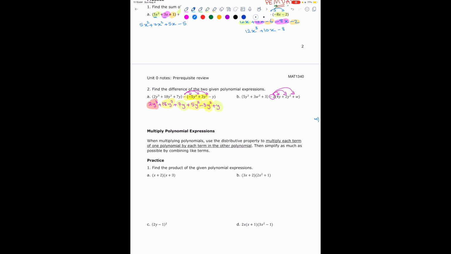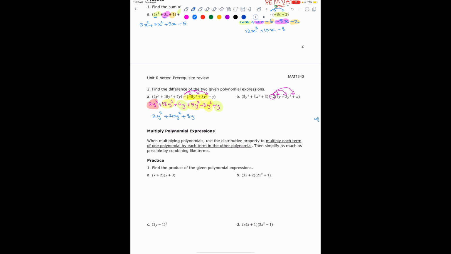Now we're going to add. 2y cubed remains. 18y squared plus 5y squared minus 3y squared is positive 20y squared. And then positive 7y plus y is positive 8y.